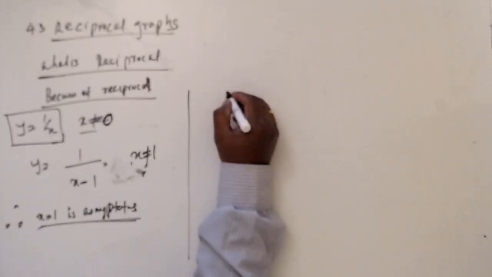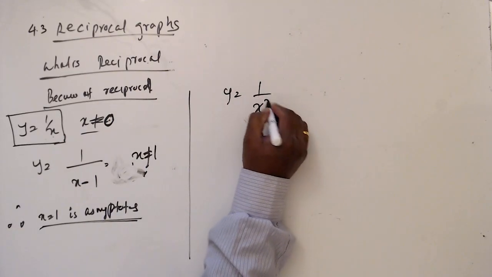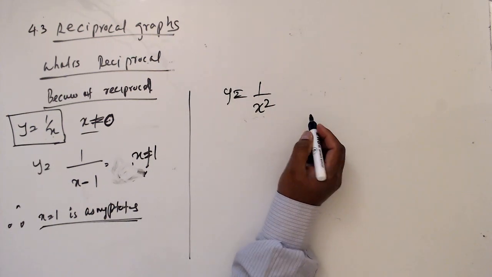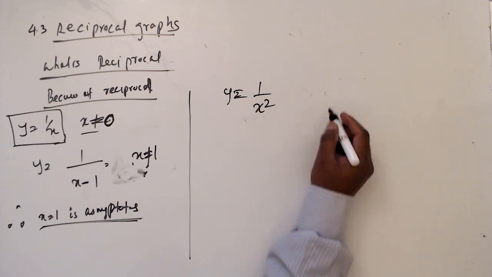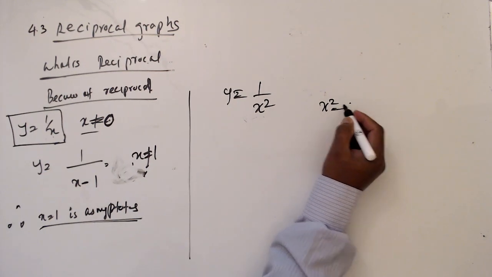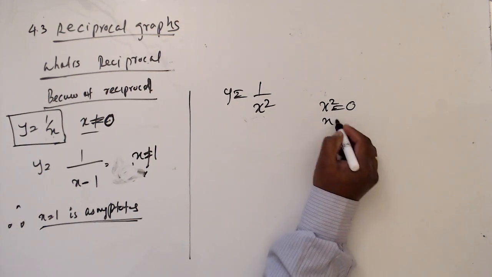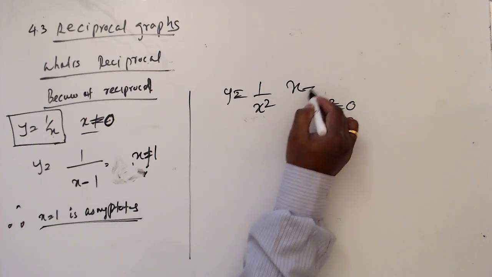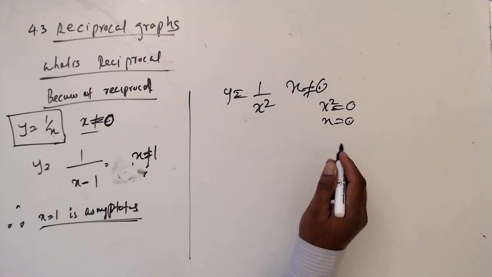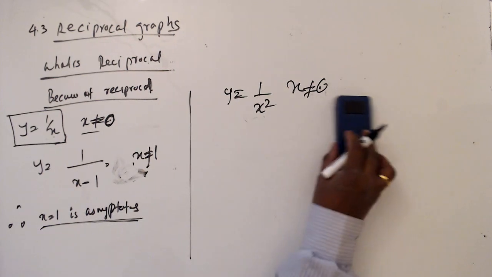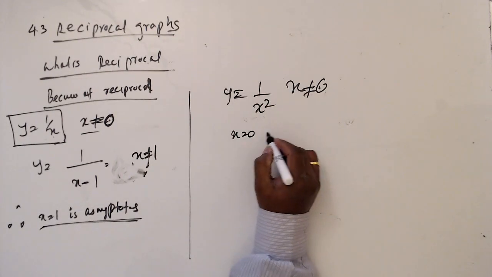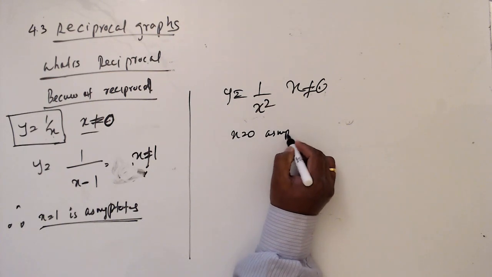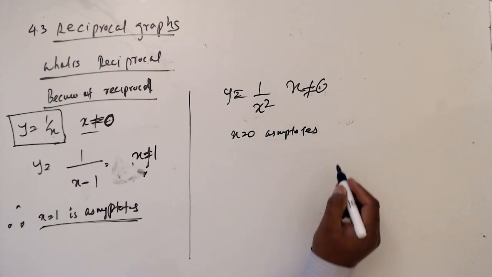Another reciprocal graph, y equal to 1 over x squared. What is the asymptote? x squared equal 0, then x equal 0. So you have to write x can't be 0, because x equal 0 is the asymptote.